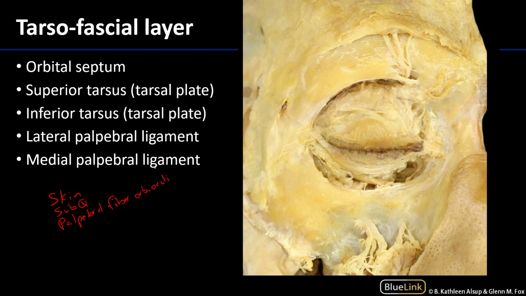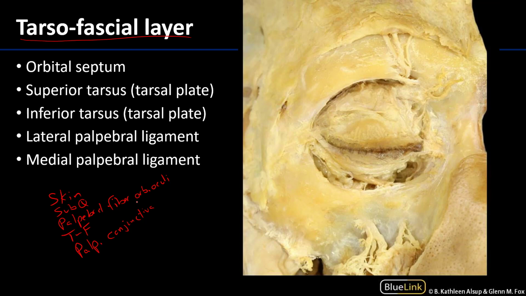And then deep to those orbicularis oculi fibers, we have the tarsofascial layer of the palpebrae. And then deep to the tarsofascial layer of the palpebrae, we then have the palpebral conjunctiva. And that palpebral conjunctiva is going to be in close contact with the bulbar conjunctiva, which is upon the eye.